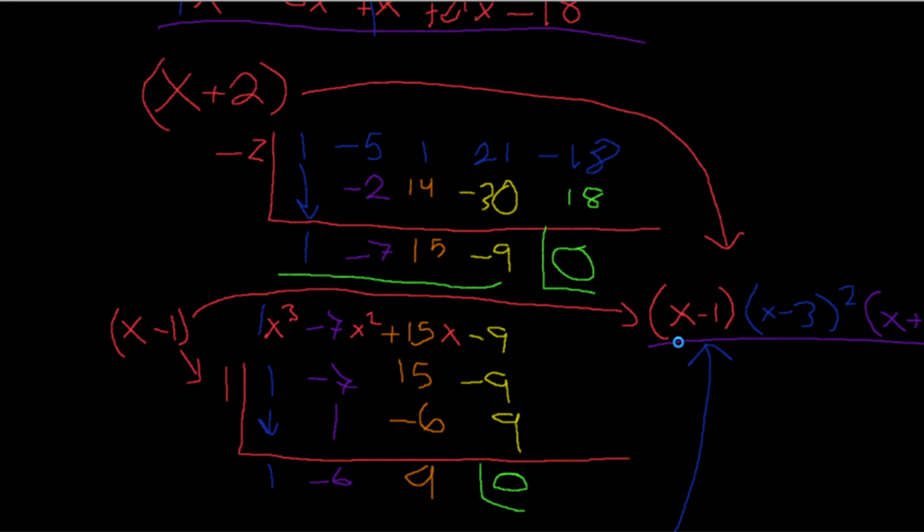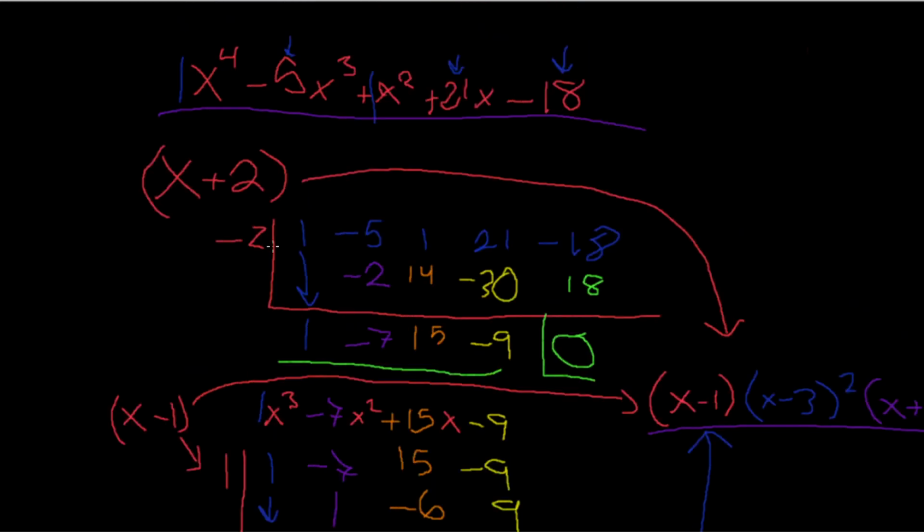So again, pattern recognition and knowing how to do this synthetic division. Synthetic division sounds scary, but it's pretty easy. Just remember, have all of these inside terms be the coefficients, and have this outside term be the zero that this corresponds with.